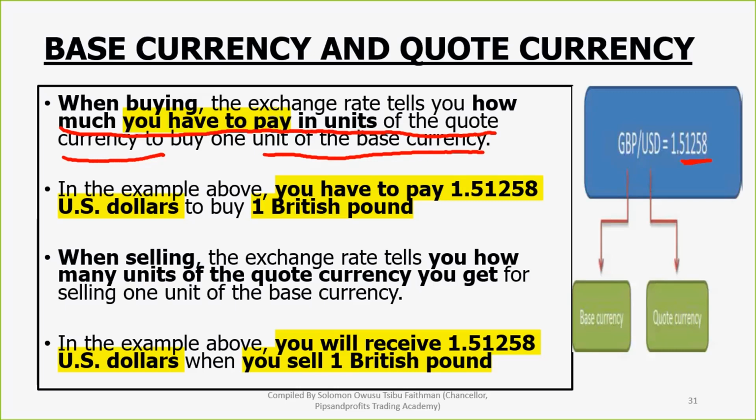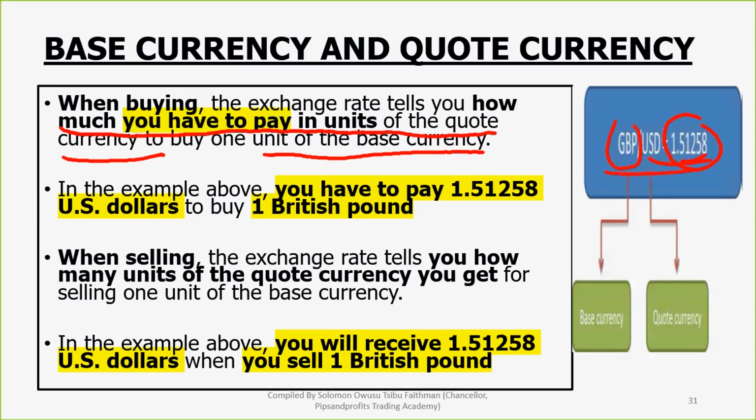I will explain it for your understanding. Okay? What this plenty English is saying is that the exchange rate tells you how much of the quote currency you need to give away to receive one of the base currency.